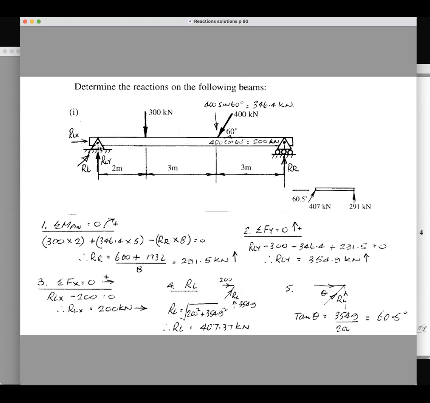The important thing to know about finding reactions is you've got to determine what force is acting on these 2 different sorts of reactions.